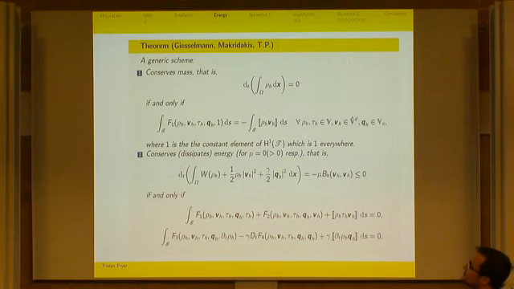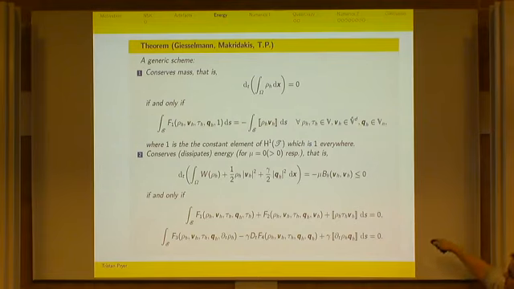So what we can prove, basically, is that if I choose my flux functions in specific ways, okay, it looks horrible, but these are generic conditions, then I will have conservation of mass, which is a necessity in these problems, and dissipation of energy. So I have this discrete energy dissipation.